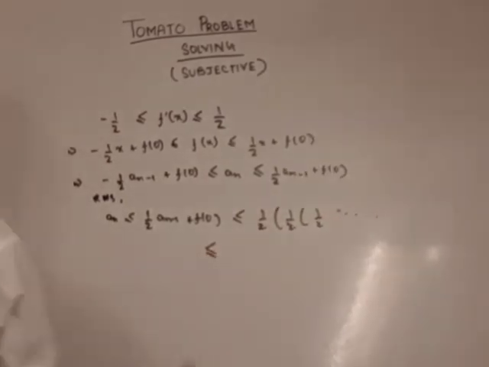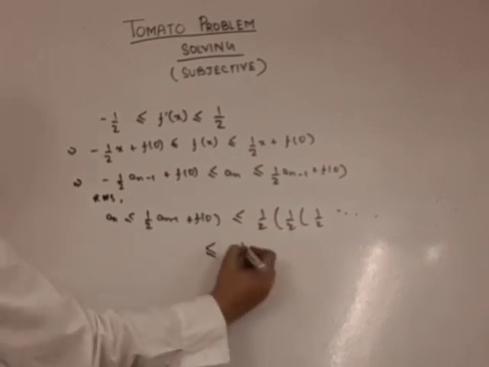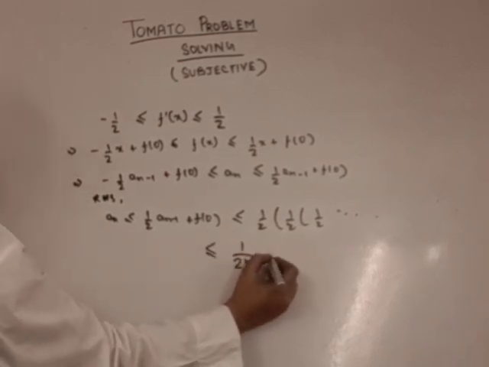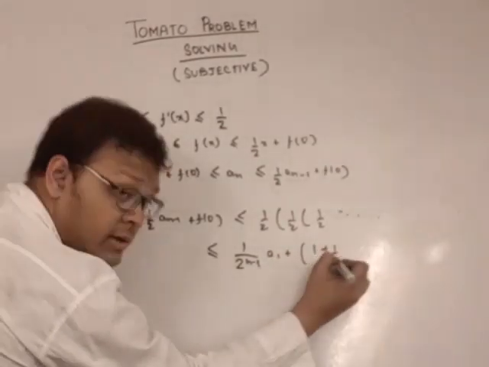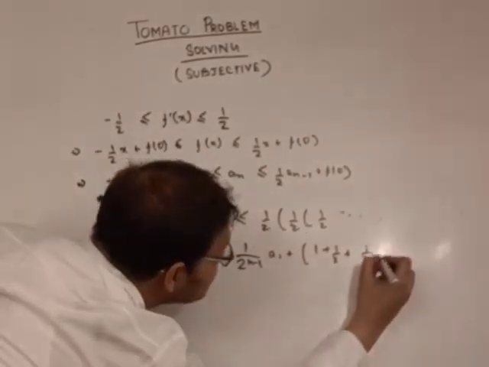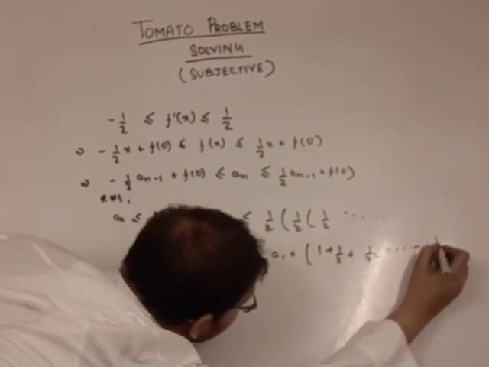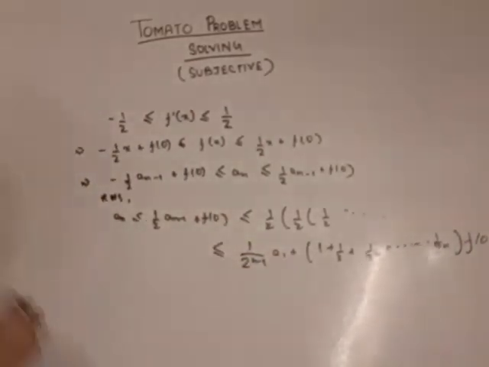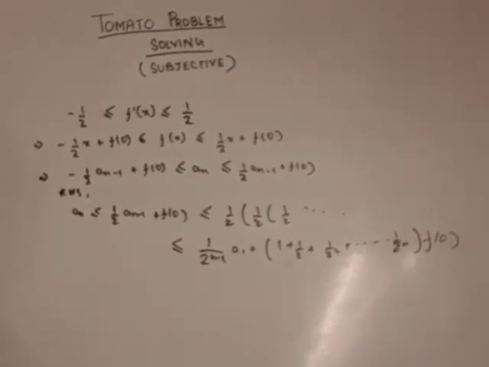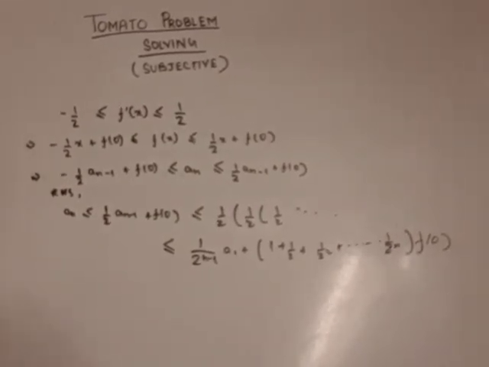Observing the pattern, I can say 1 by 2 power (n-1) into a_1 plus 1 plus 1 by 2 plus 1 by 2 squared up to 1 by 2 power n times f(0). I reached up till there, so I must move the board for you to be clear.